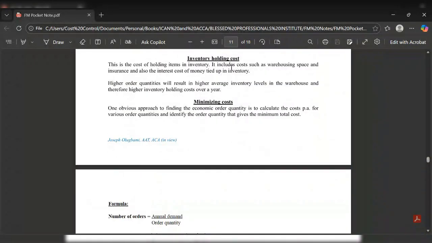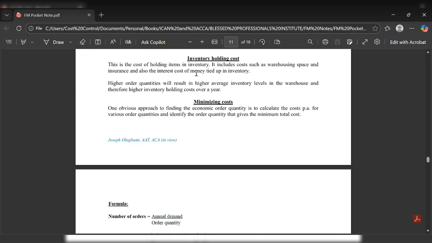Now, for the inventory holding cost, this is the cost of holding items in inventory. It includes costs such as warehousing space, insurance, and also the interest cost of money tied up in inventory. Whenever you purchase goods and those inventory are kept in stock, money is being tied up, and that money itself is an inventory holding cost.